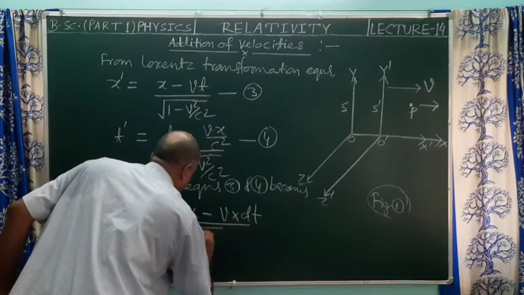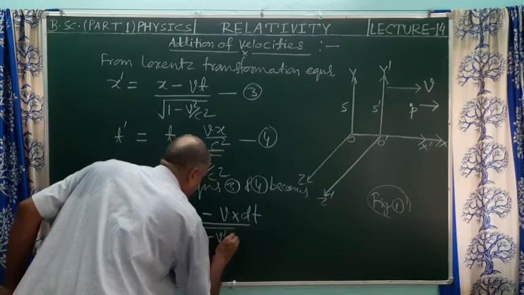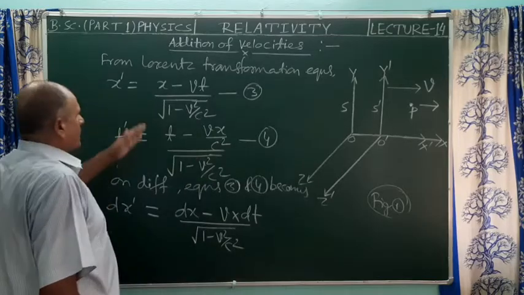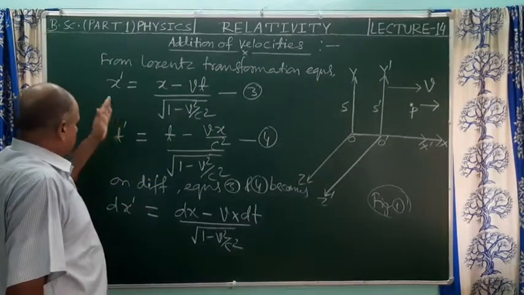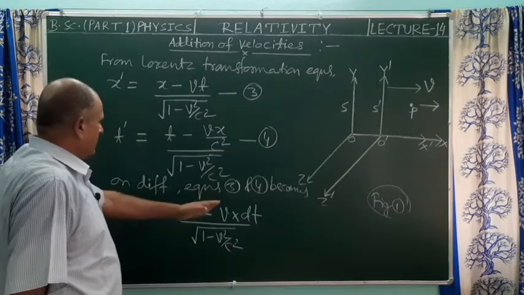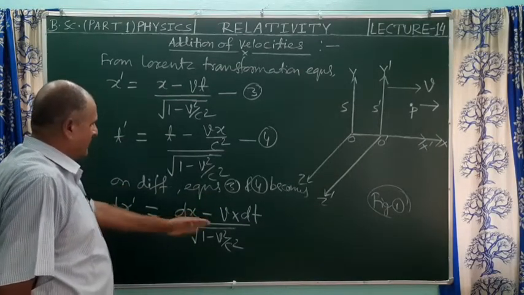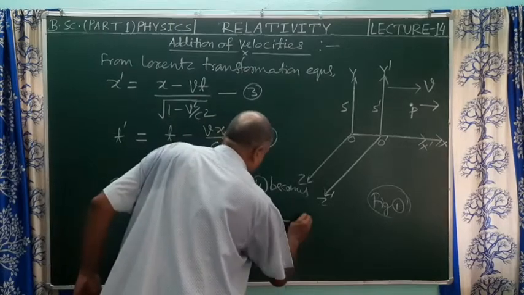So 1 upon root under 1 minus V square by C square is constant. So dx dash equals dx minus V into dt, upon root under 1 minus V square by C square. This is equation number 5.